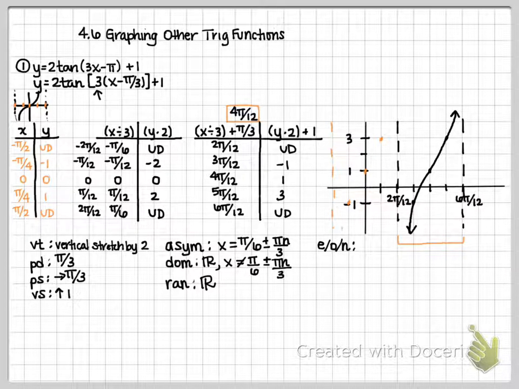I'm only duplicating this just so I can see my y-intercept and so I can see even, odd, neither. This is definitely going to be neither because it doesn't have symmetry to the origin. Remember, if it had symmetry to the origin, then it would be odd. But because this has that vertical shift, this doesn't have anything. So this is neither.